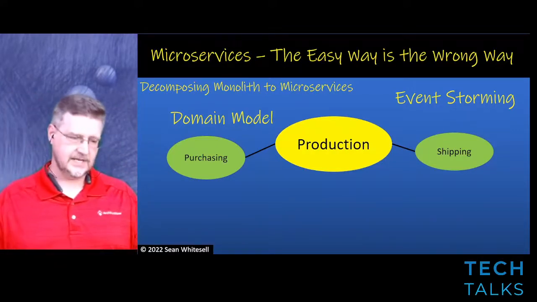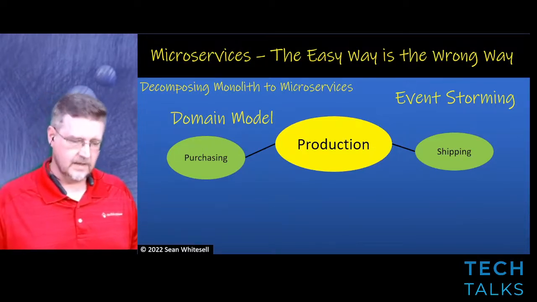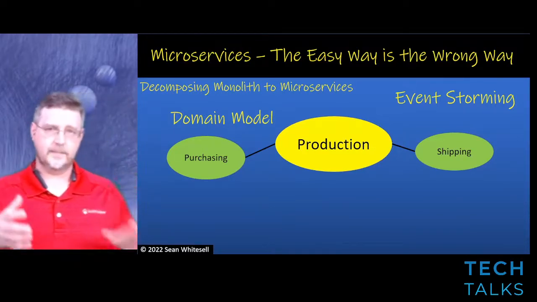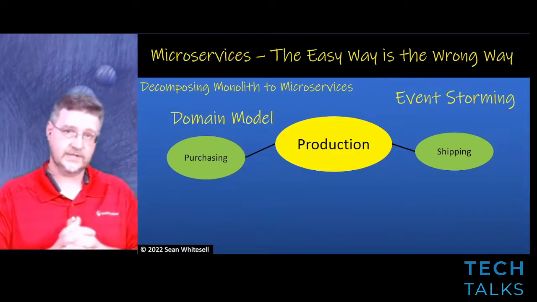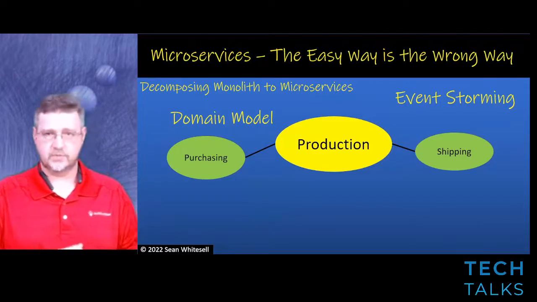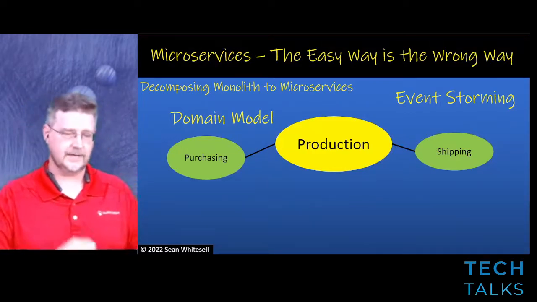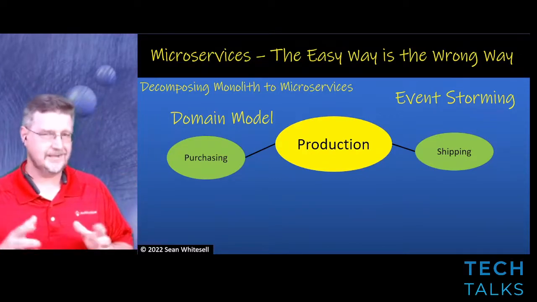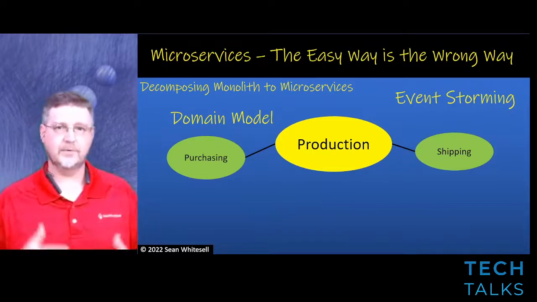They have the subdomains, purchasing and shipping, that are there because for the production domain to do its job, in a physical sense, they still have to purchase raw material. So this is where the purchasing department comes in. Now, I want to say that very carefully. I say department, but a domain model does not have to line up with a department.